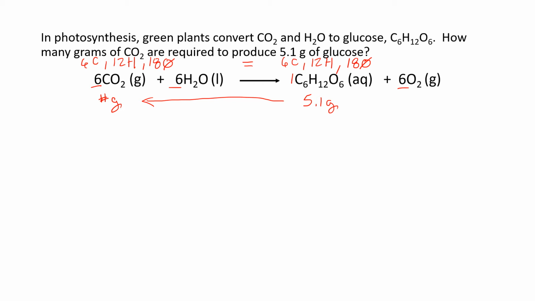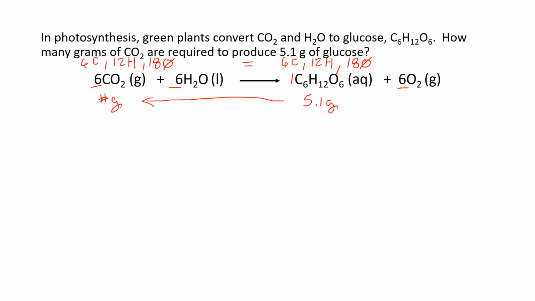Now remember, the reason why we have to balance the chemical equation is because of the law of conservation of matter, which says matter can neither be created nor destroyed. We can only convert from one form of matter to another. So we have to have the same number of atoms, even in a chemical reaction, on both sides of the chemical equation.